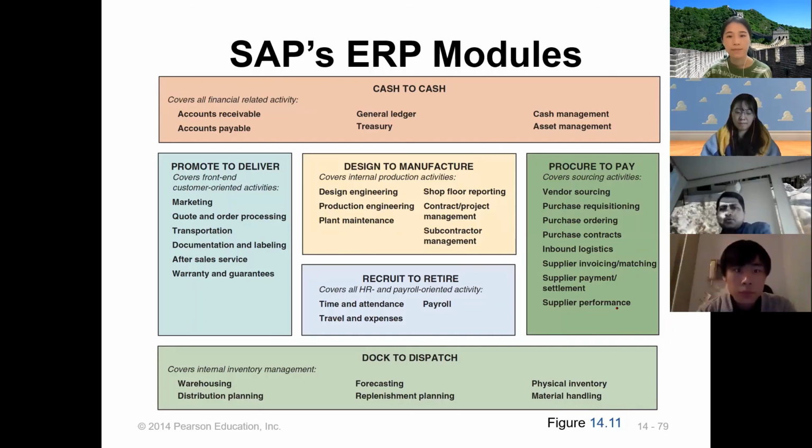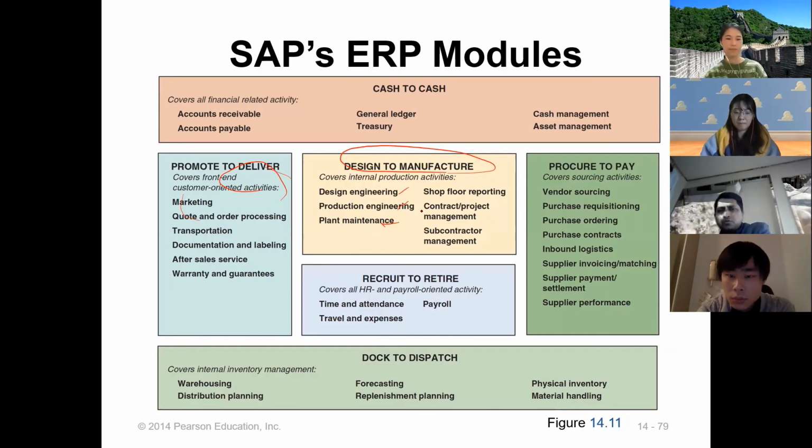So all these modules are there, right? Cash to cash covers all financial related activity, delivery, things designed to manufacture, production related, even production design engineering, production engineering, plant maintenance. You can put in plant maintenance because in the production line there will be maintenance.